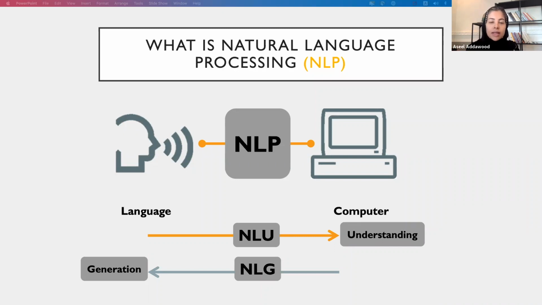It's going to translate it to zeros and ones, and then it's going to do something in the machine, do the command that I just said, and then speak back that, okay, I have done that for you.